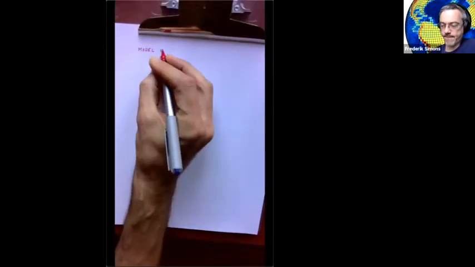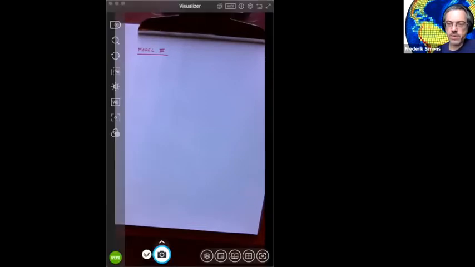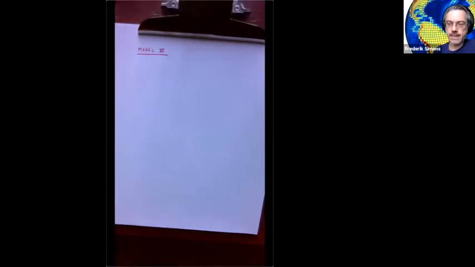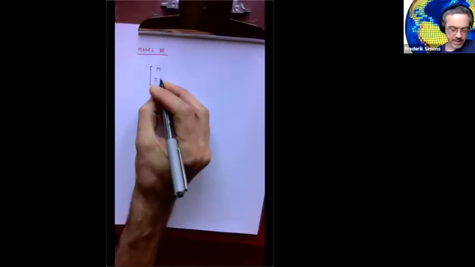Okay. And then I was like, well, how about I try to satisfy both constraints at the same time? So I'll write my same data.